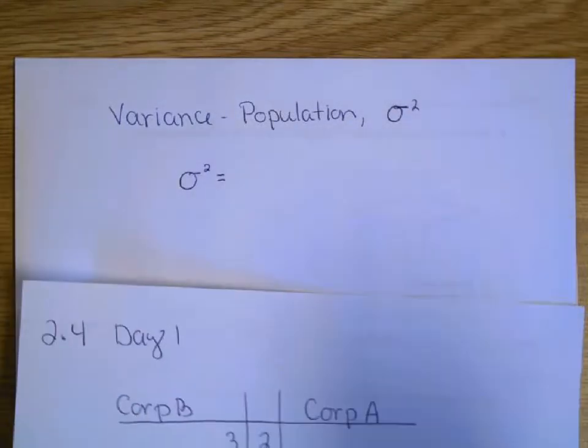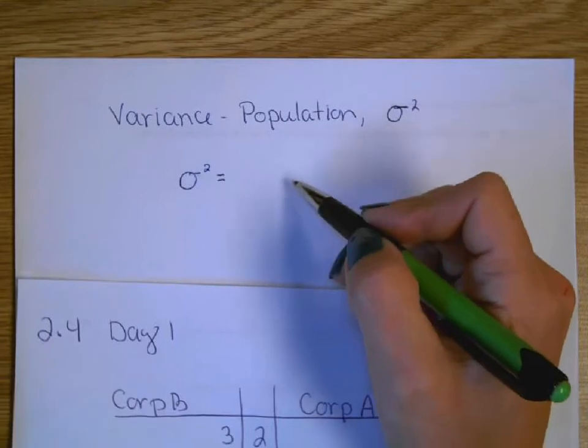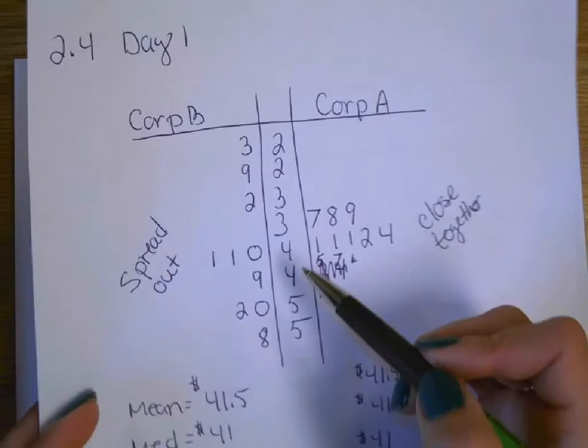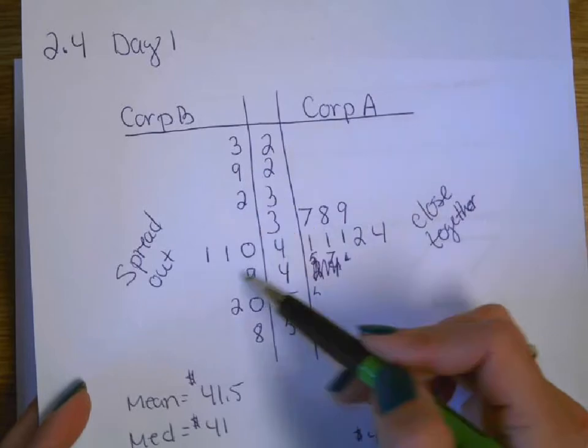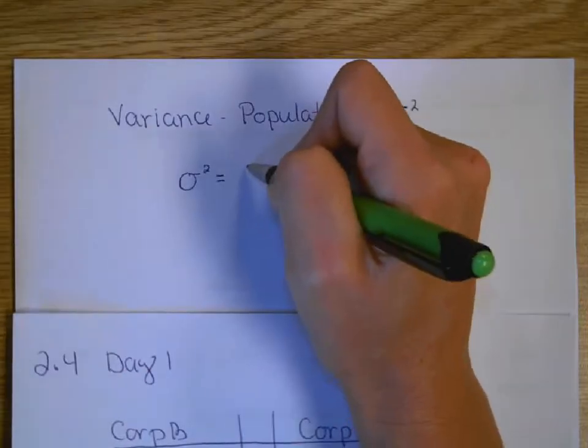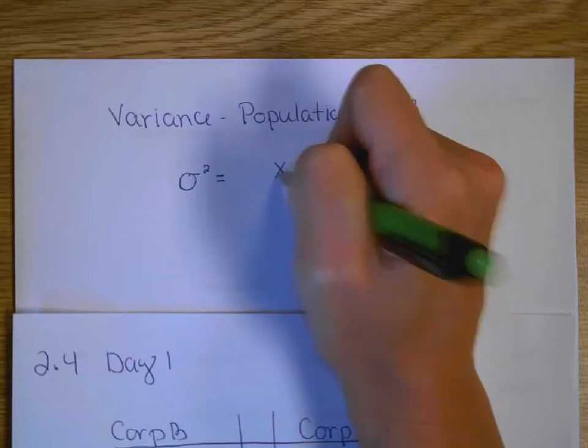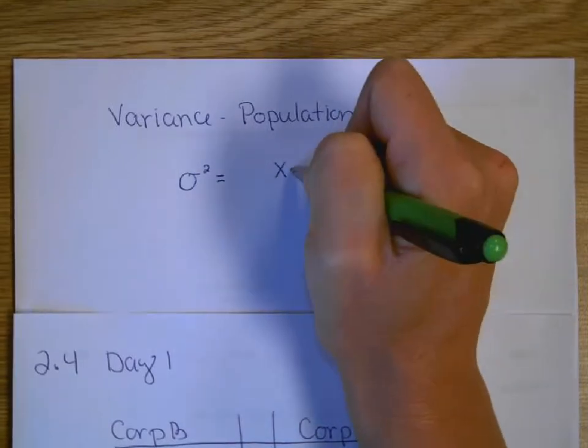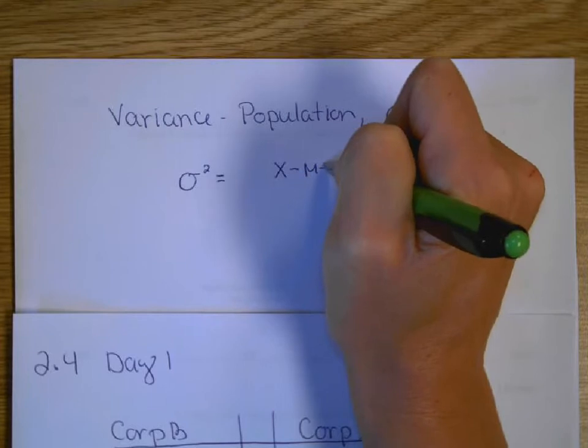What we're going to be doing is finding the average, which we did already, and then we're going to see how far away every one of our numbers is from the average. So the first thing, leave a little space at the beginning here, we're going to take each x value and subtract the mean of the data set.